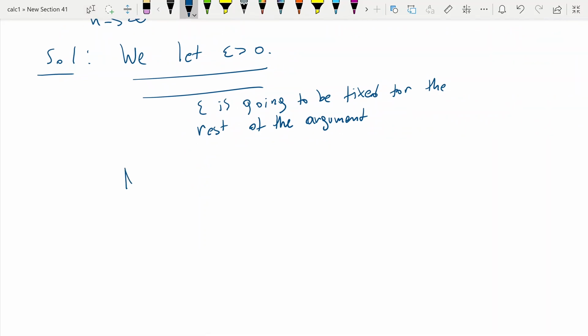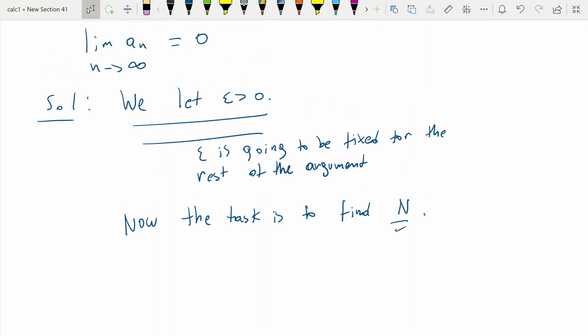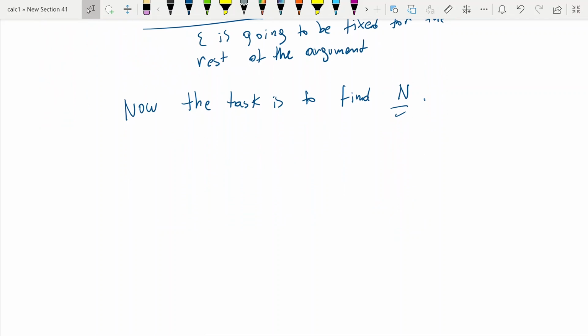Now the task is to find this big capital N. Remember, you have an epsilon, and then you need to find an N. That epsilon is just a placeholder for any value of epsilon. So epsilon is fixed now. You need to find an N that will depend on epsilon, in which you're going to have an inequality. So find N. How do we find that?